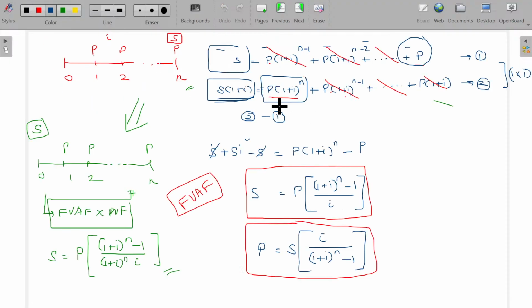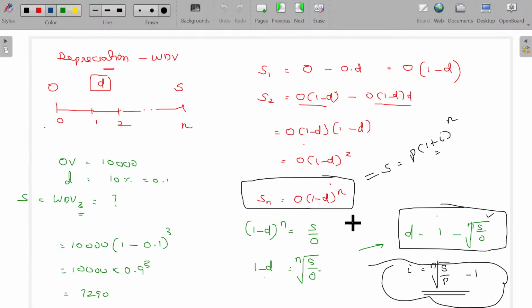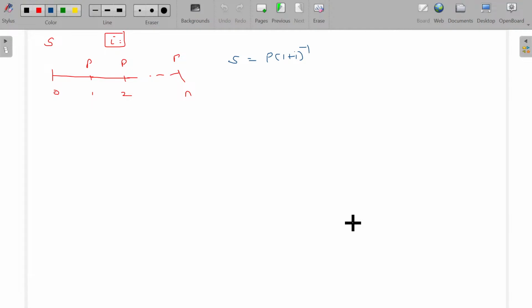So I use this formula: P into (1 plus i) to the power minus 1 for the first year. For the second, P into (1 plus i) to the power minus 2, and so on. For the nth period, P into (1 plus i) to the power minus n. This is equation 1.